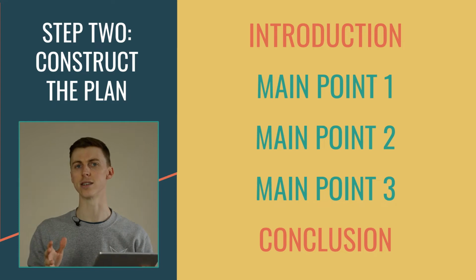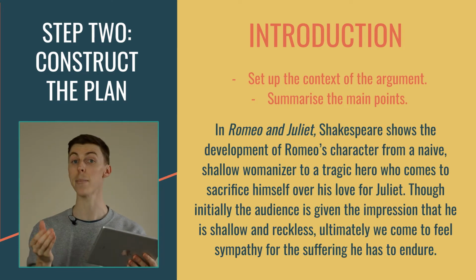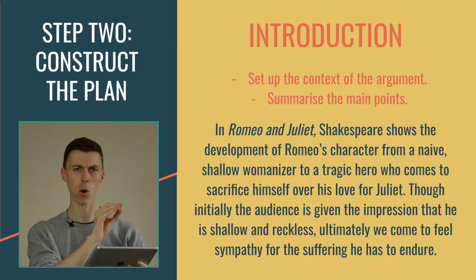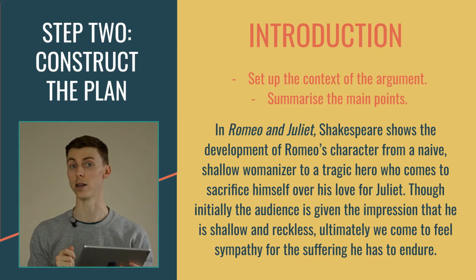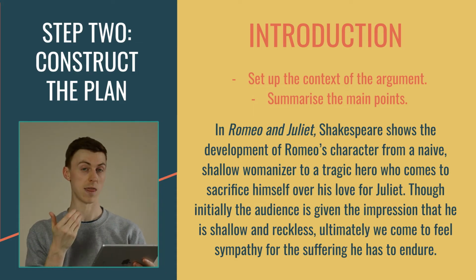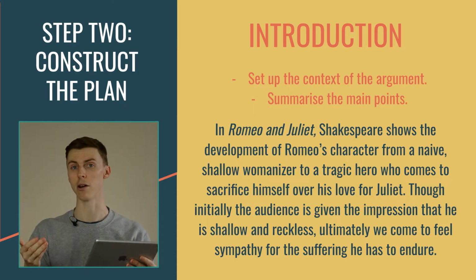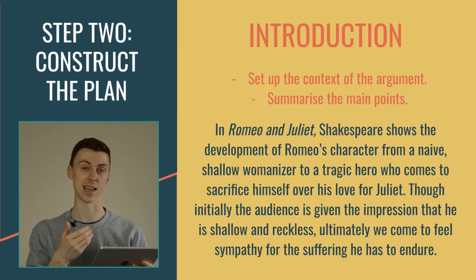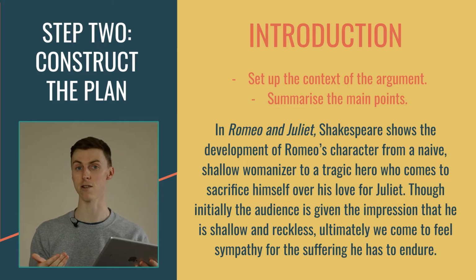So our introduction is designed to introduce the context and background of our argument, and also to provide a bit of a summary about what our 3 main ideas are going to be. So returning to our Romeo and Juliet example, in that introduction we might want to give a bit of background about who Romeo is. He's the male protagonist of the play, and he is a classic Shakespearean tragic hero.